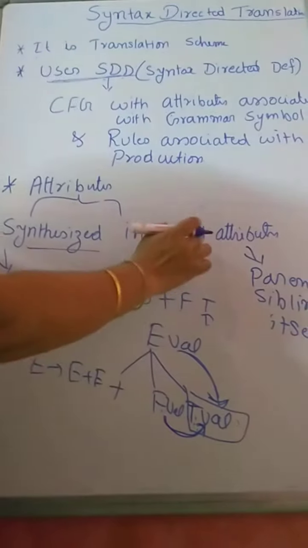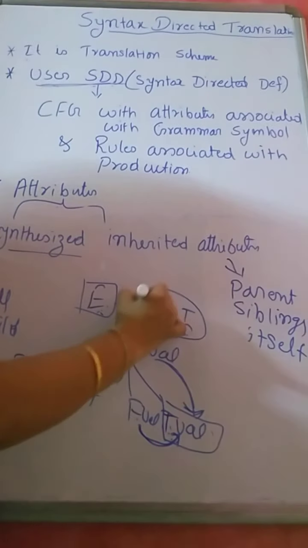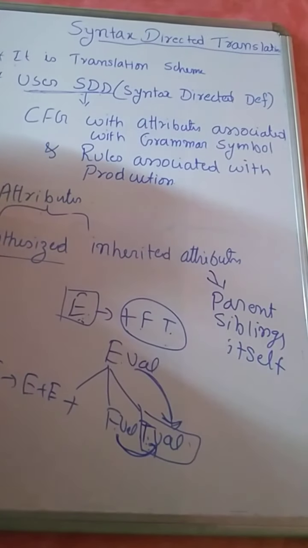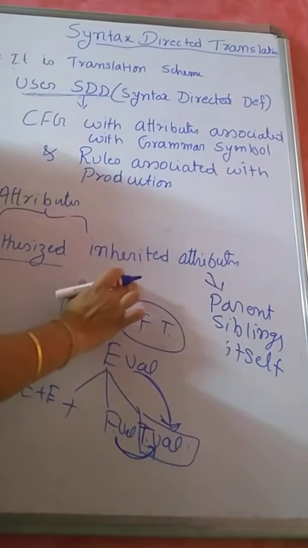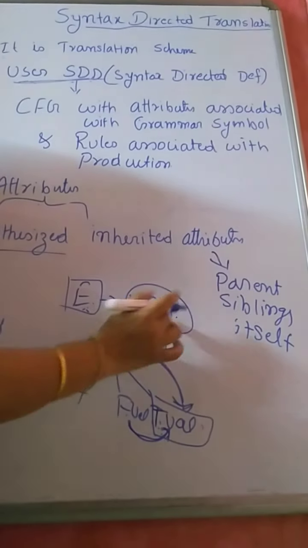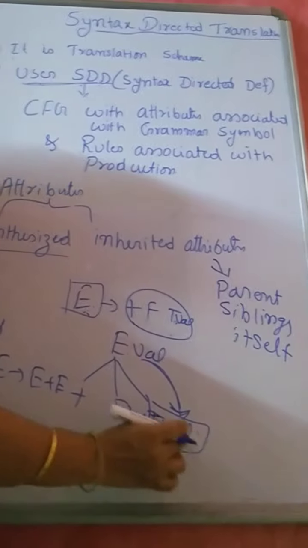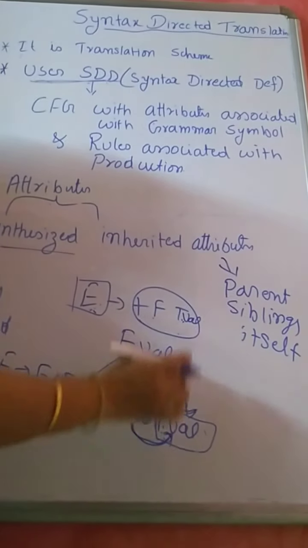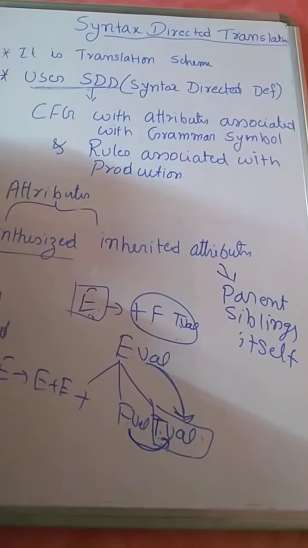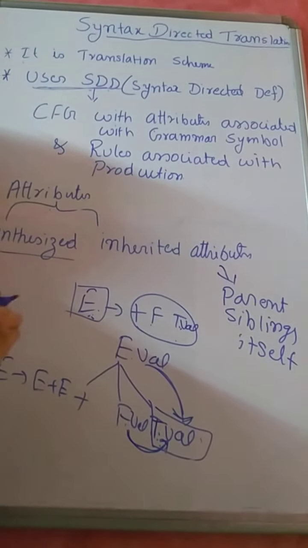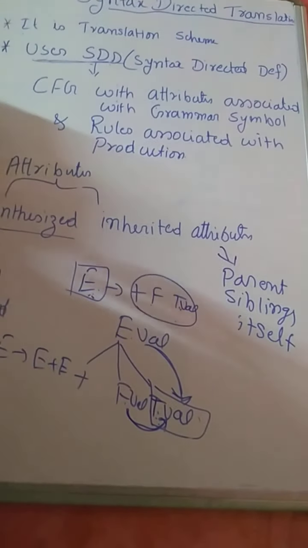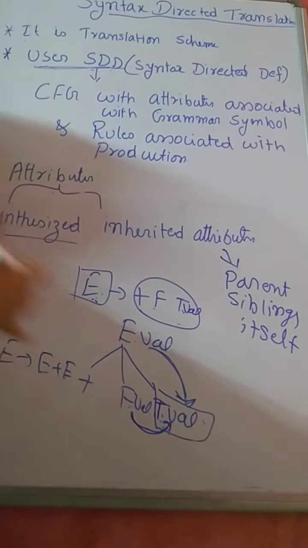Usually an inherited attribute will be an attribute associated with a non-terminal which is in the body of the production. Synthesized attributes are usually attributes of a non-terminal at the head of the production, or they can be on the other side also, the body of the production.